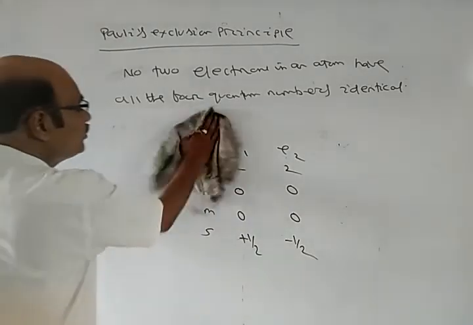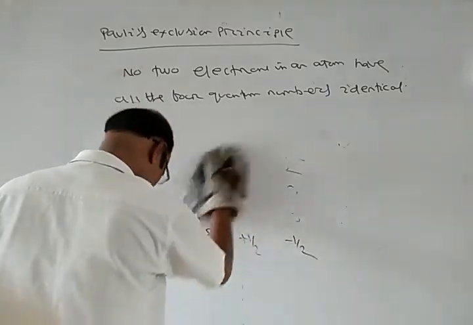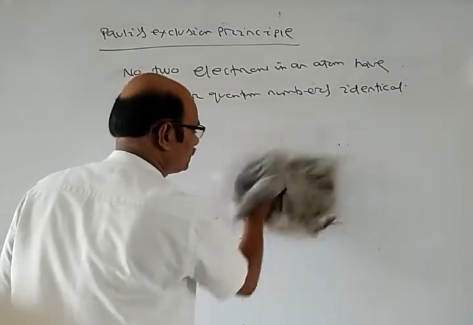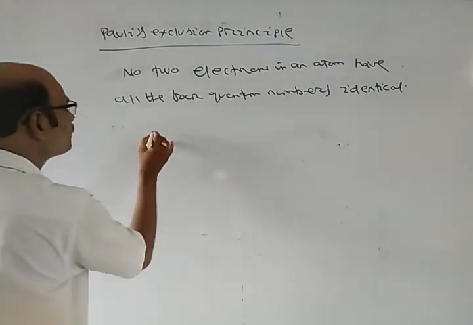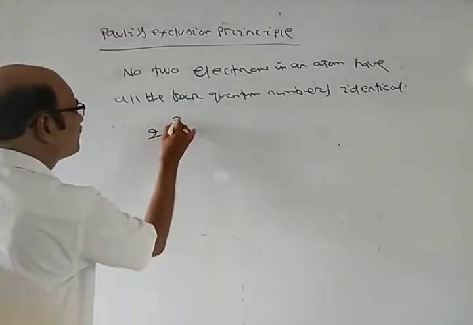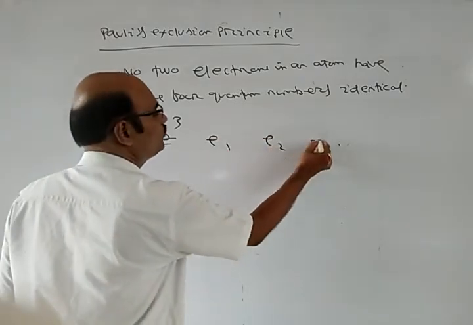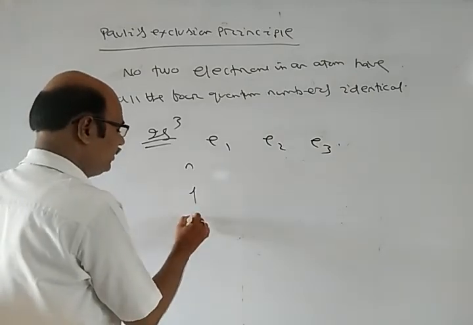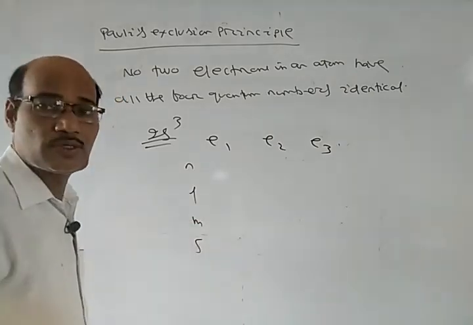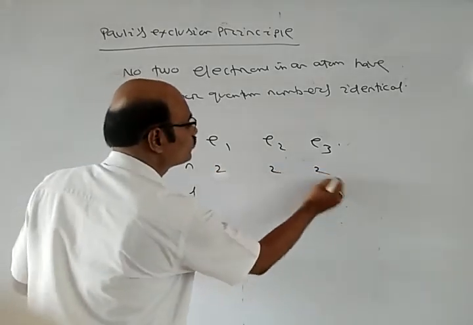Now this is also called the exclusion principle. Why is it so? Because you see, suppose I take 3 electrons in an orbital, 2s3, that means E1, E2 and E3. Okay, we take n, l, m, s. So 2s, so n equals 2, 2, 2 here.